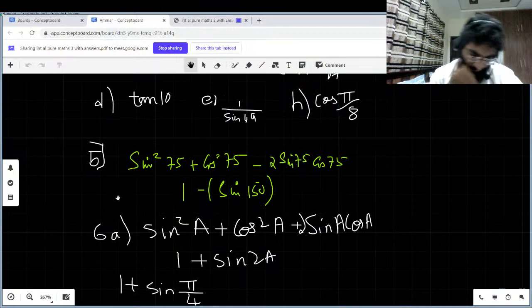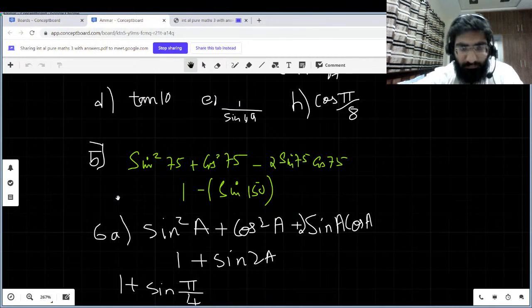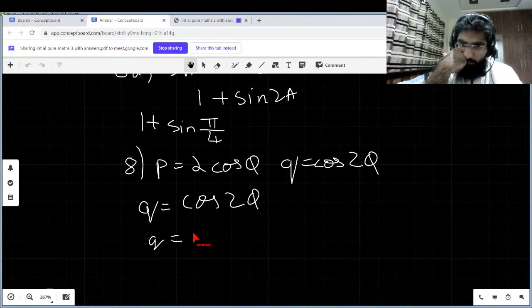So, if I square both sides, if I just open this, if I use the opening formula on Q, 1 plus blah blah blah, cos squared A minus sine squared A, or the other one?